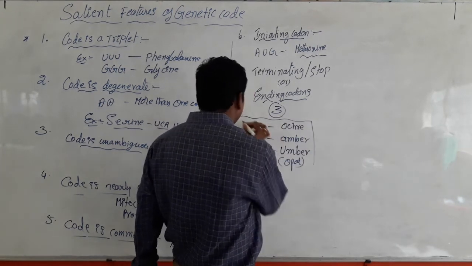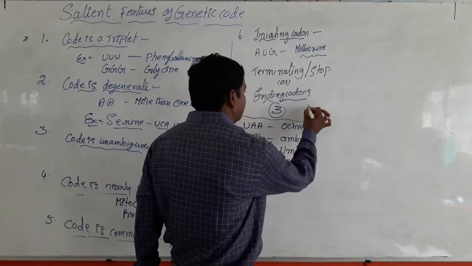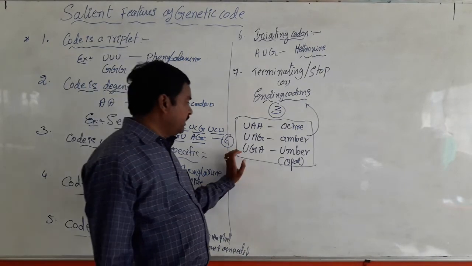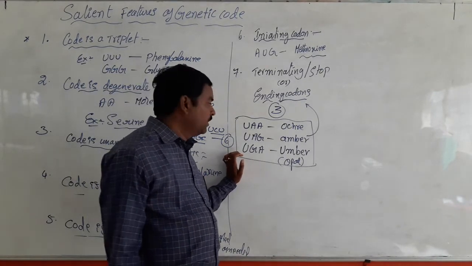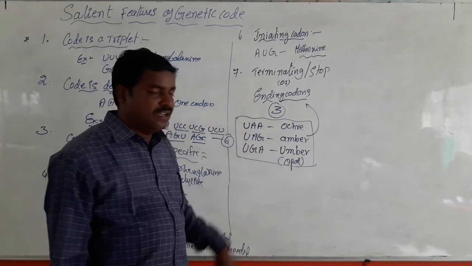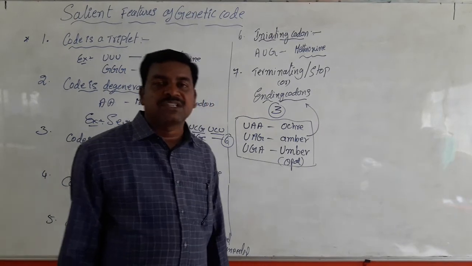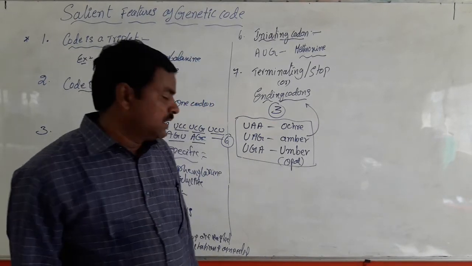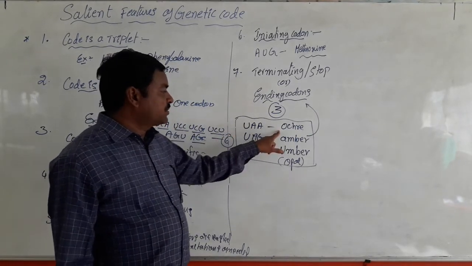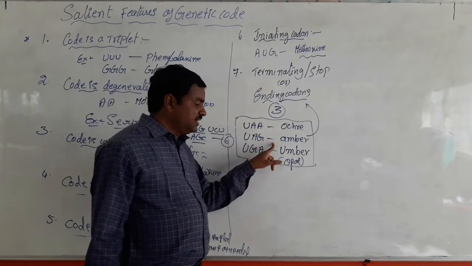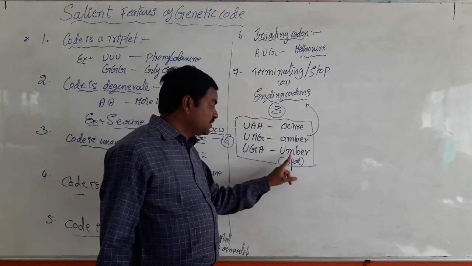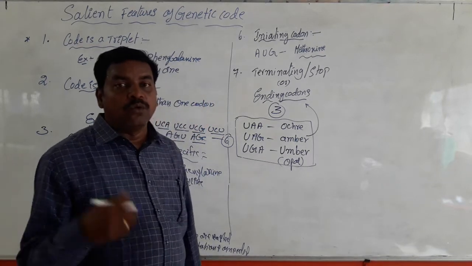These 3 codons are considered as ending codons or terminating codons. Very, very important. UAA, UAG, UGA: these three codons help in the termination of the polypeptide chain, so they are considered terminating or stop codons.